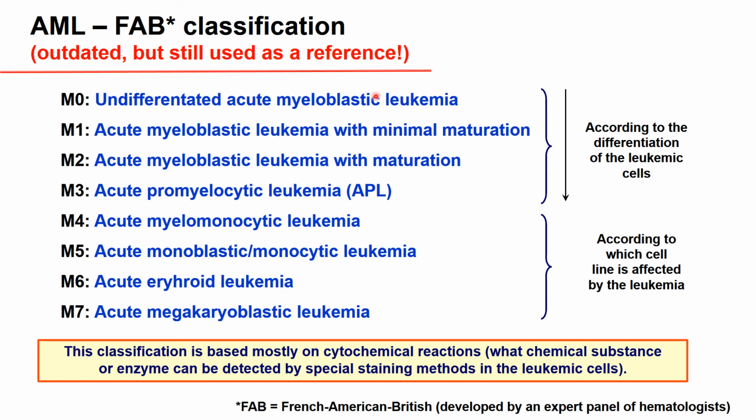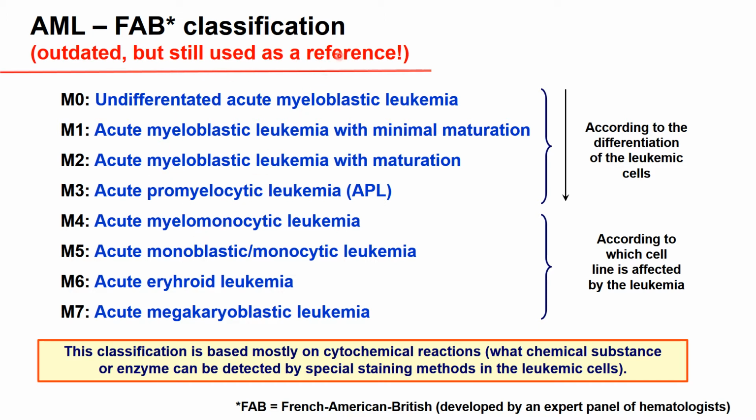Now the classification. There are two types of classification we have. One is an older, ancient one, and usually this is outdated today, but you still have to know it, because first of all, the clinician usually talks about this kind of distribution of the acute leukemia.